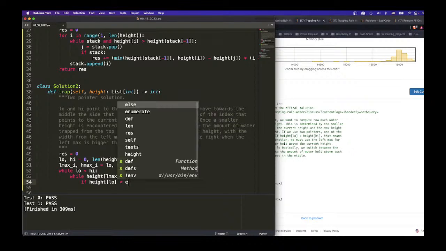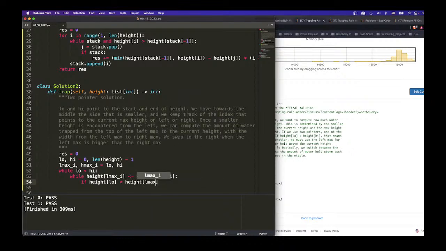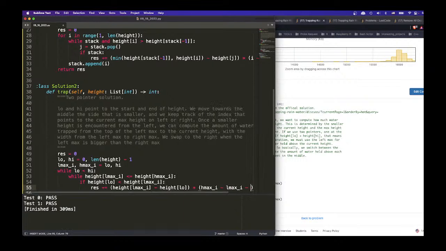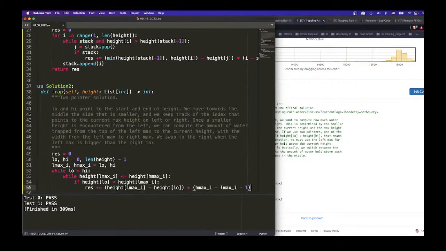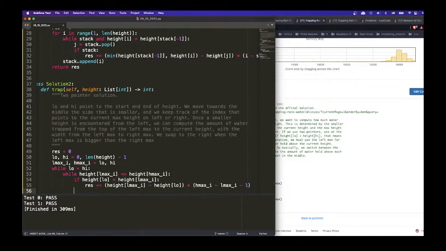If it is smaller than height L max I, then res plus equal to height L max I minus height low, multiplied by h max I minus L max I minus 1. And low plus equal 1.